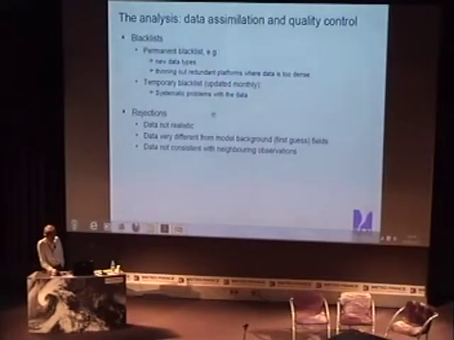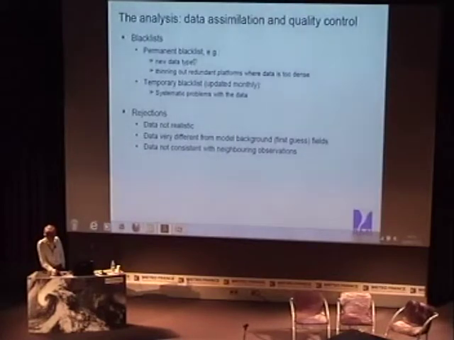There are also blacklists to put data that is systematically bad out of action. So this is put on the temporary blacklist. The data is monitored. If it behaves badly, it is put on the blacklist. But if it behaves better, after a while, it may come back on and be accepted as input to the analysis.